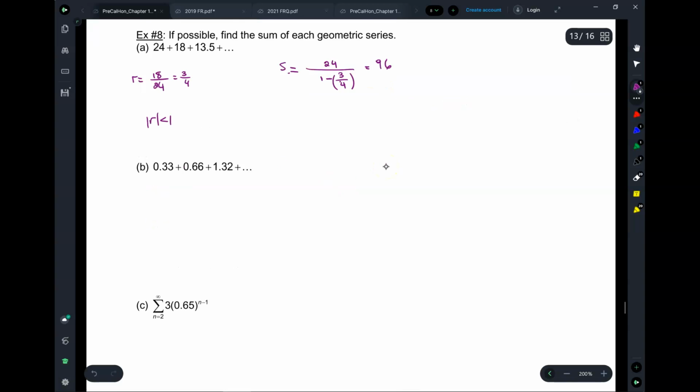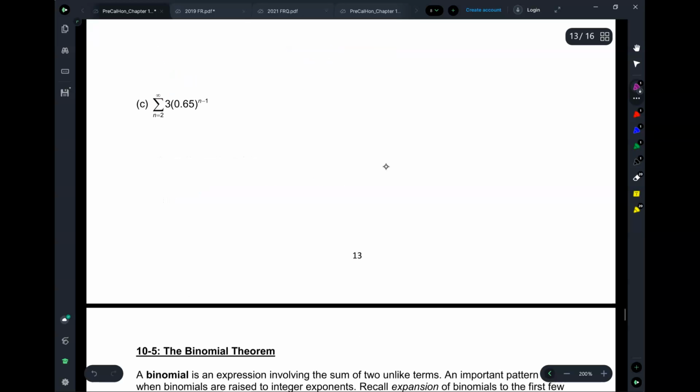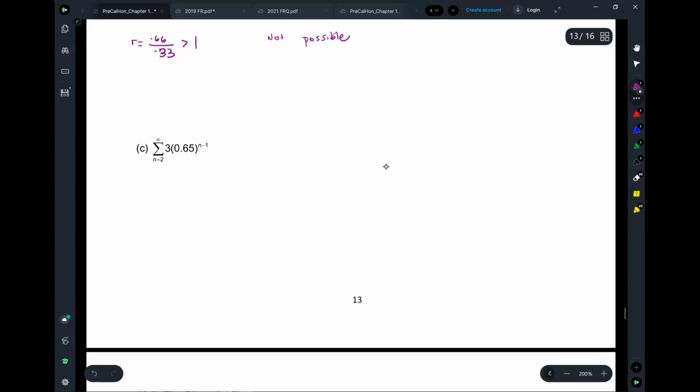So 96. All right, so for this one, r is 0.66 over 0.33, which is greater than 1, because you get a 2 here, so it's not possible. All right, here again, this is r, which is 0.65, so the absolute value of r is less than 1, which means it works.